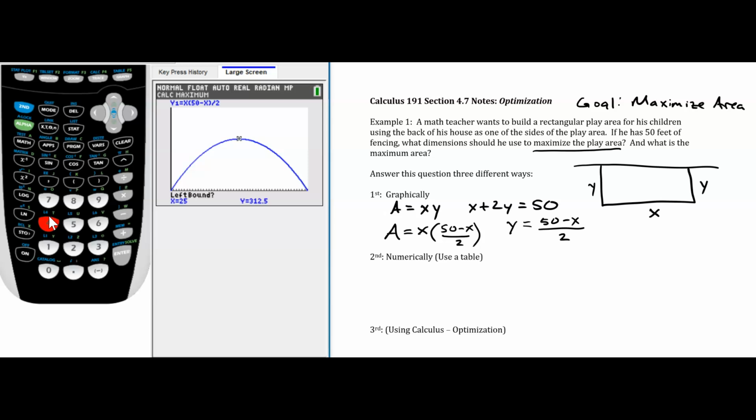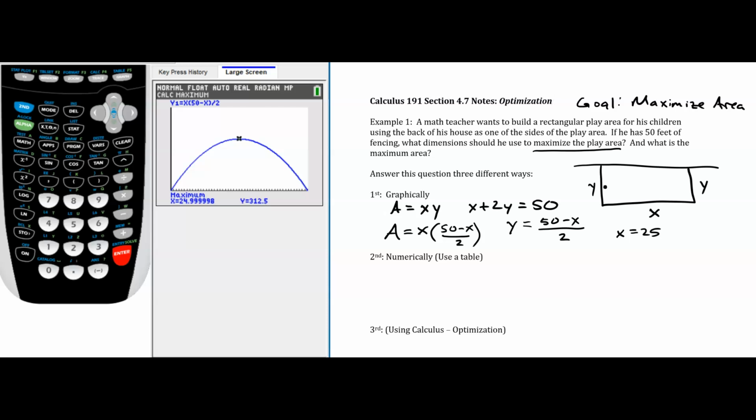For the left bound, it looks like it's at our max right there though, so let's go a little bit to the left side, and then a little bit to the right side. Then we press enter and enter again, and you can see the maximum is right there at x equals 25. So you get x equals 25, and y is equal to 312.5.